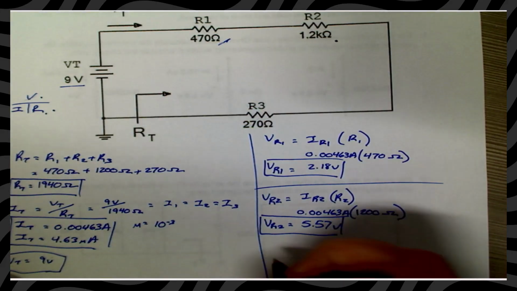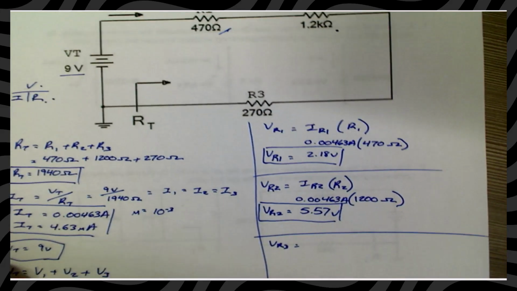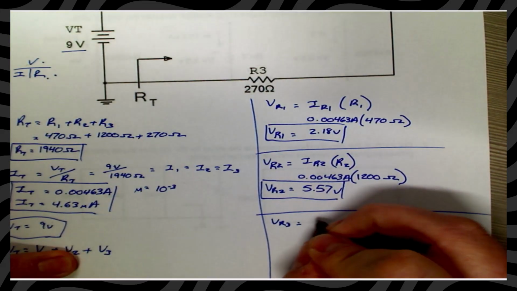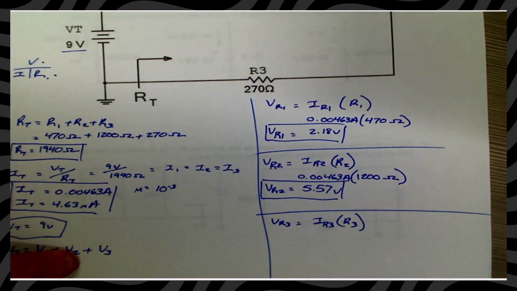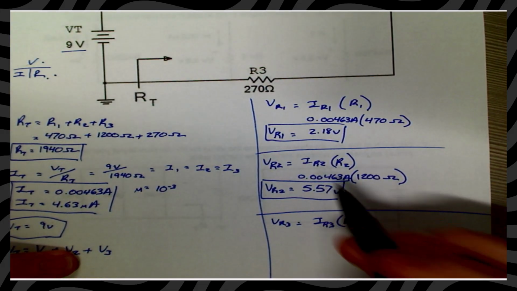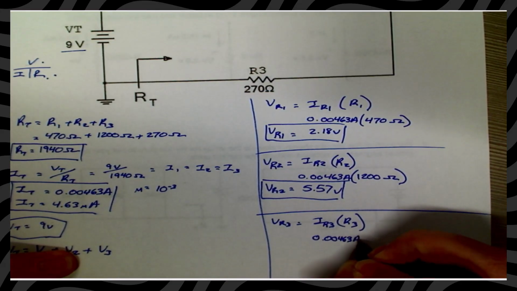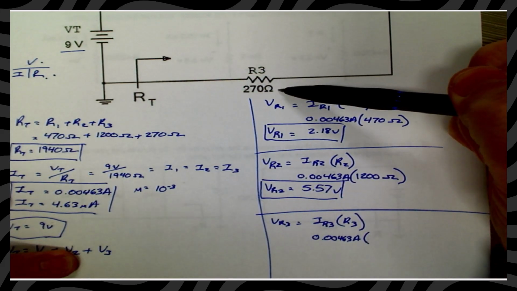Okay, last but not least, let's find it for resistor 3. Yet again for resistor 3, our current at resistor 3 multiplied by the value of resistor 3, so the amount of ohms. Reuse that current again, 0.00463 amps multiplied by 270 ohms.